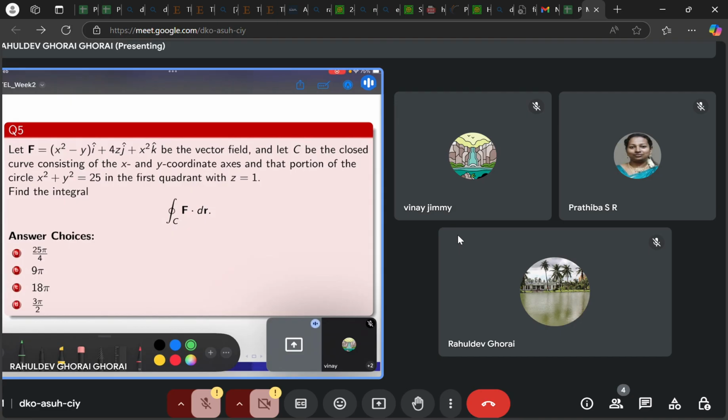First, can you use this theorem here? This theorem can be used here.